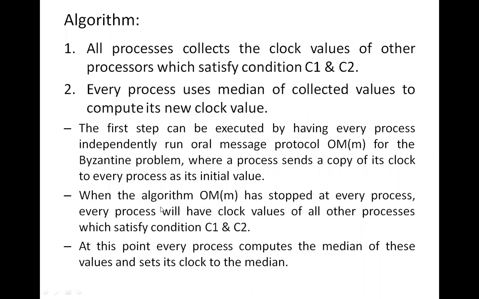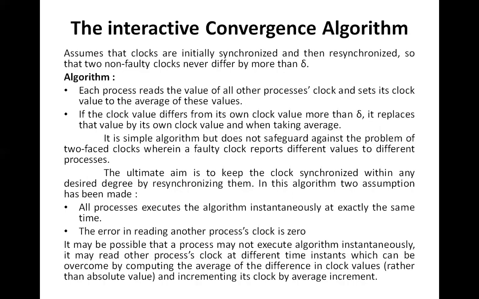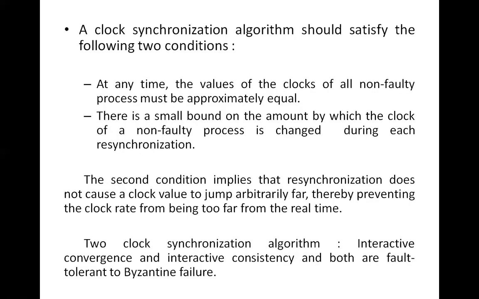But in this particular case, after receiving the clock values from all the processes, all the processes compute the median of these values, and whatever value they get after calculating the median, they set their clock to that median value. So these are the two algorithms which help to solve fault-tolerant clock synchronization.